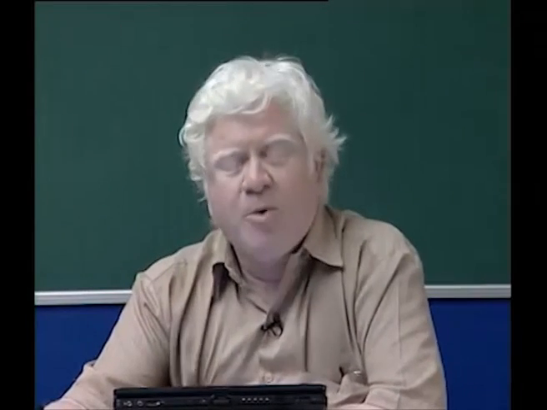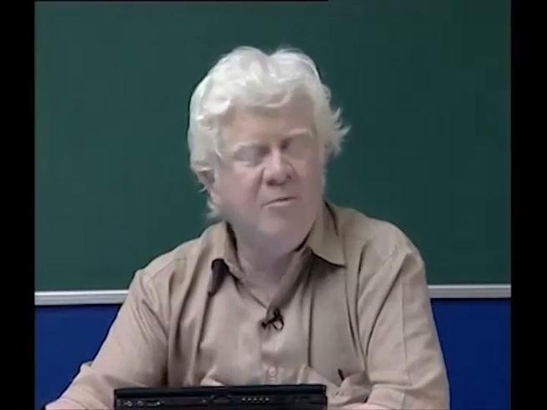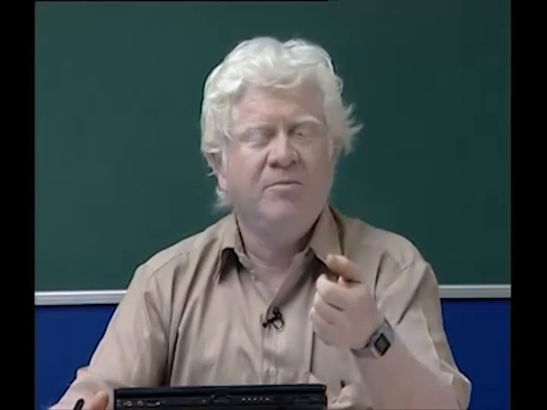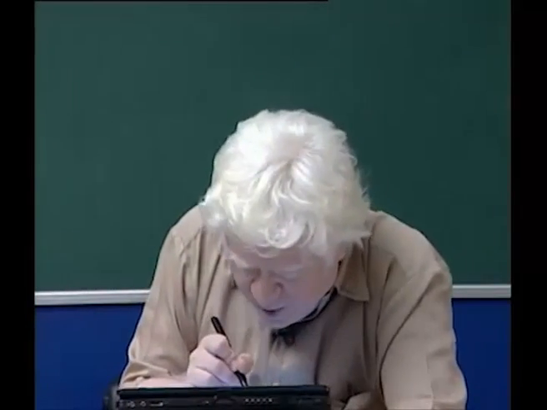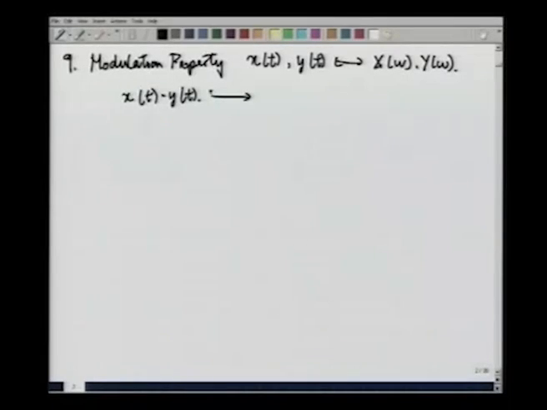Now, we have a product of two functions, but this time in the time domain, and we want to find the Fourier transform of this product. By applying the duality property suitably, you can easily see, and I will not spend time on evaluating it here, that this comes to 1/2π X(ω) convolved with Y(ω).